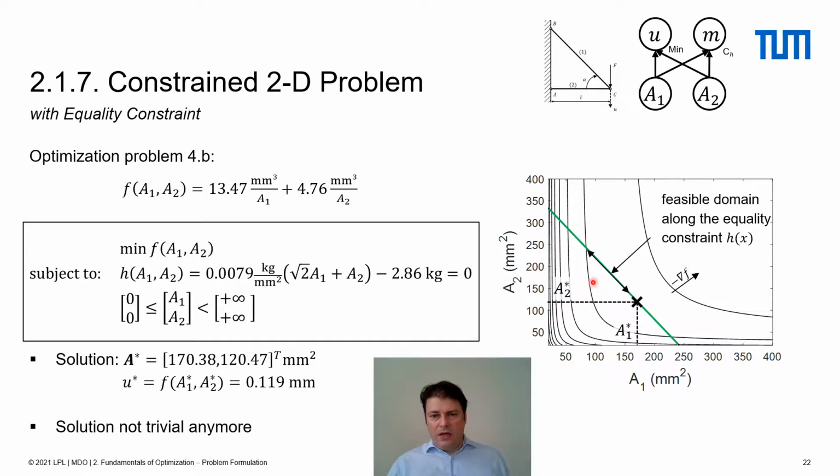If the equality constraint problem had a solution that was somewhere else, then the inequality constraint problem would have found that too, because it is within the feasible domain of the inequality constraint problem too. So therefore, they have to be at the same location, the optimum of the inequality and the equality constraint problem, because the solution of the inequality constraint problem is a boundary optimum.